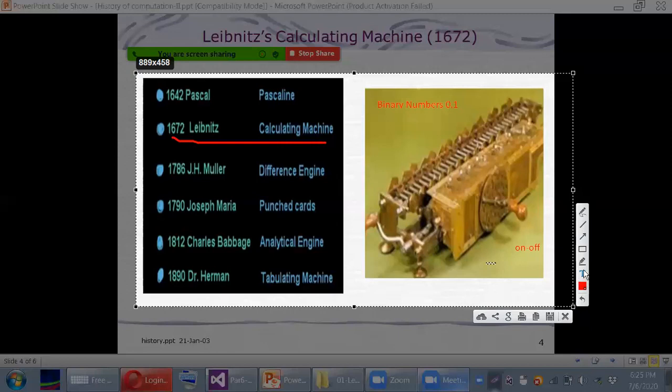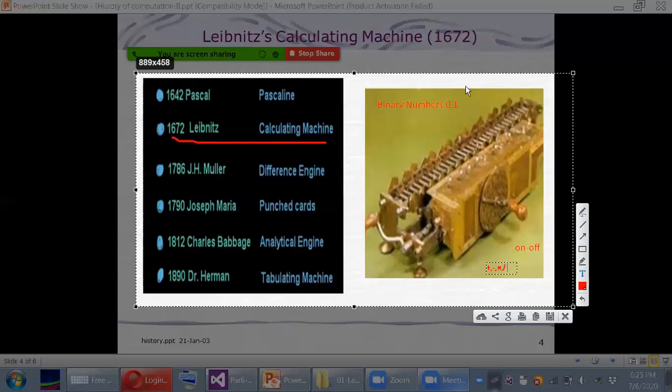And this device could perform not only multiplication and division but also addition, subtraction, multiplication, and division.